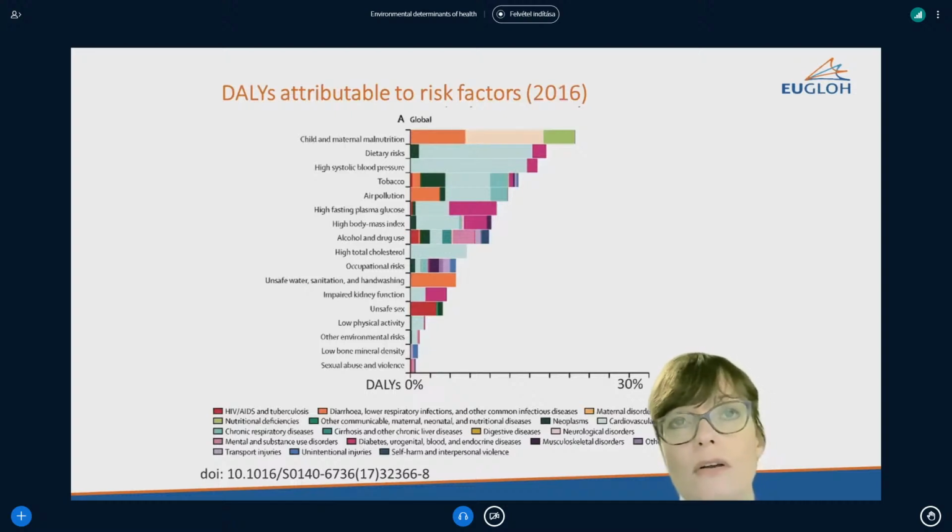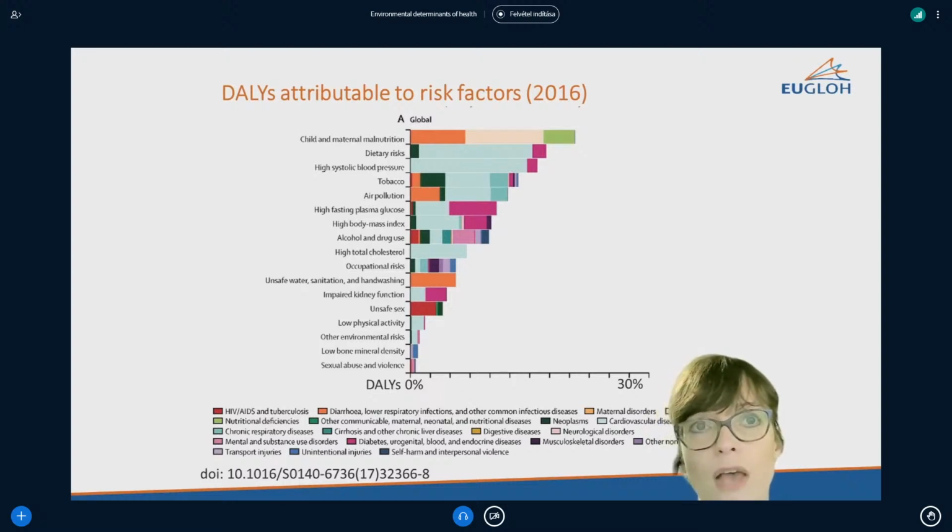When we have a closer look at the risk factors which contribute to DALYs, we see that air pollution, as one of the environmental risk factors, ranks 5 in the list of risk factors, with around 15% of DALYs attributed to it. Occupational risks are also an important risk factor, with many DALYs attributed to them.